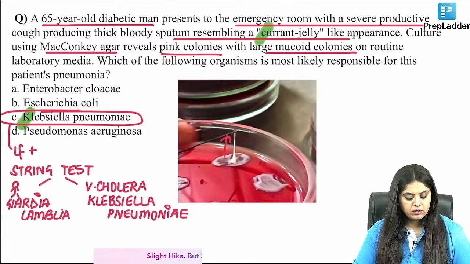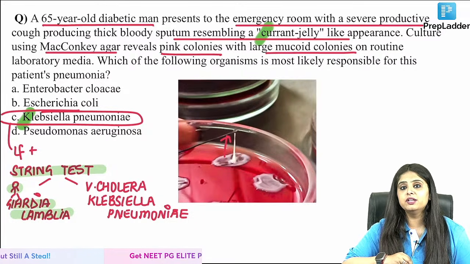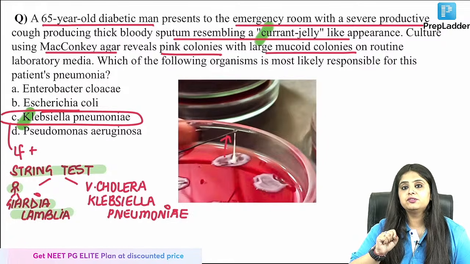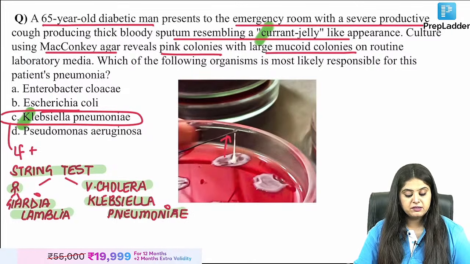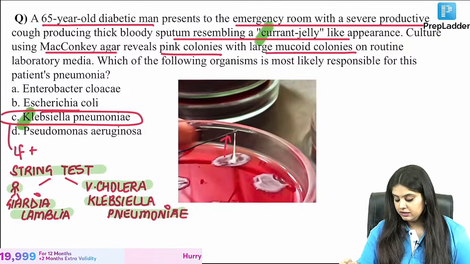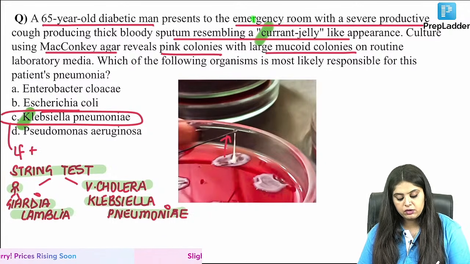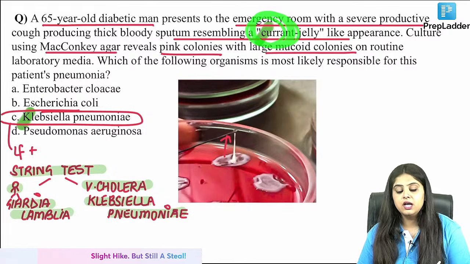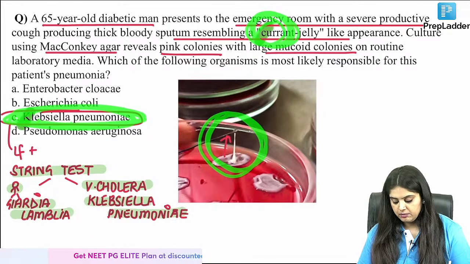Ma'am, yesterday you had taught us string sign that if you have to catch him with a dhaga from the duodenum, Giardia lamblia, you did string sign. Now you are telling me string sign for Klebsiella pneumoniae, and after some time you will tell me for Vibrio cholerae. So that is also settled over here. Okay with everyone? Can I move forward? I got the concept that currant jelly sputum होगा, साथ में string sign होगा. I will always mark Klebsiella pneumoniae.